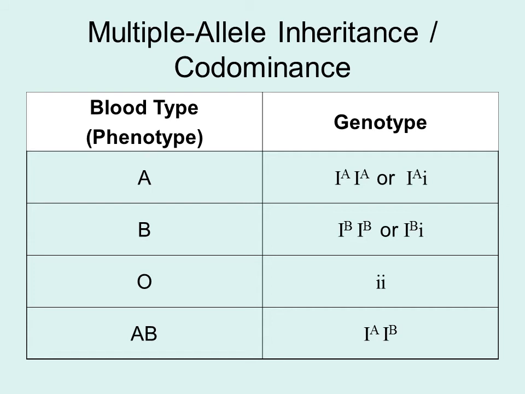An individual who is type B is big IB, big IB, or big IB, little i. An individual who is type O has the recessive expression, little i, little i. If you are type AB blood, you have big IA, big IB. Both of those are being expressed.